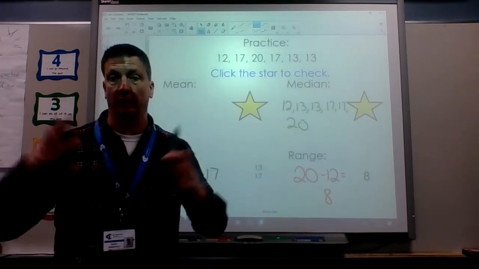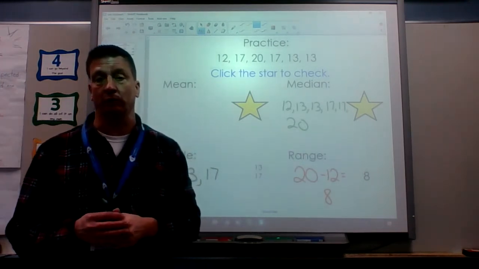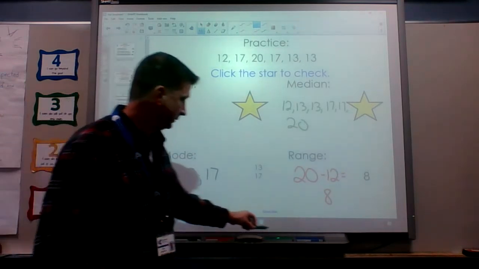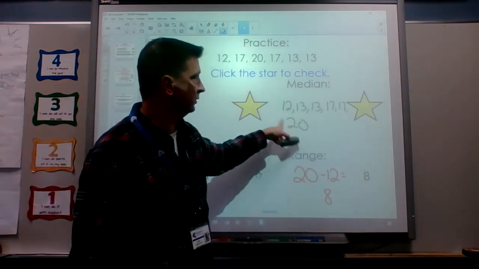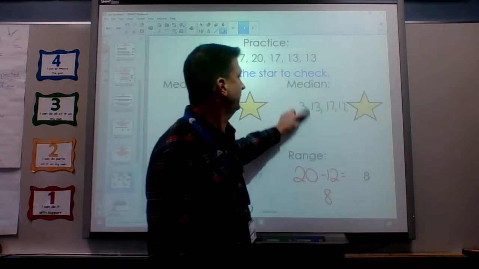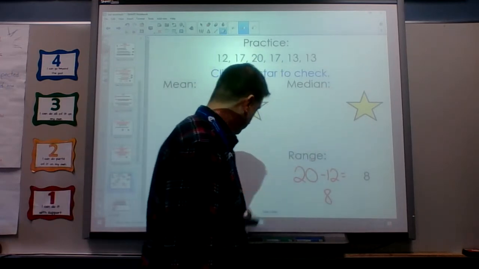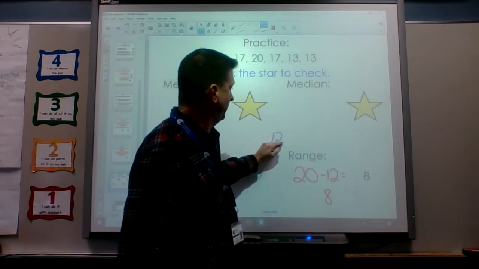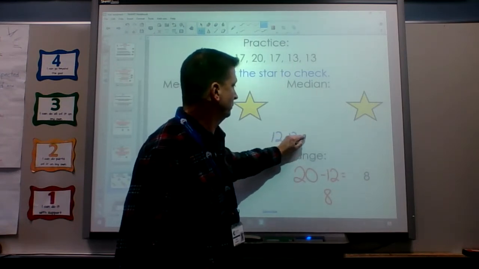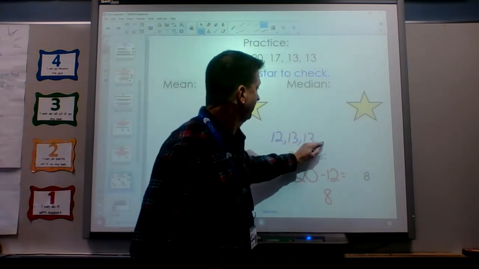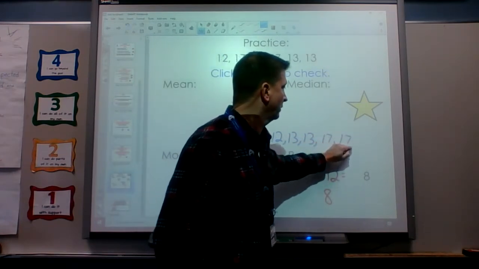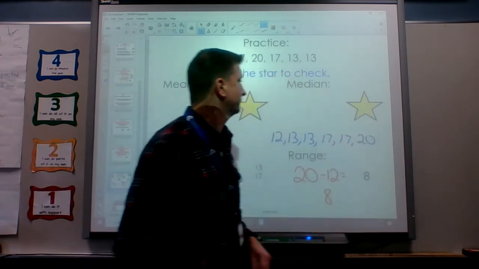Sometimes when you have a large set of data and you're writing it down in order, you may accidentally forget one. Now I'm going to fix this because I don't like that they're not all in the same line. And sometimes it's easy to make a mistake when you're doing that. So you're going to want to put it where you have a little bit more room. Sometimes you might want to use a separate piece of paper or a whiteboard when you're doing this.